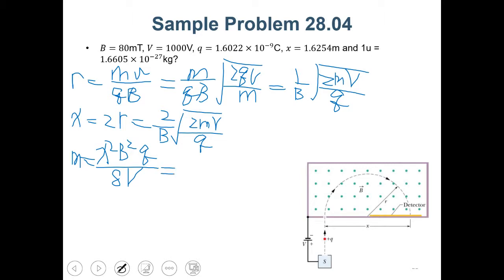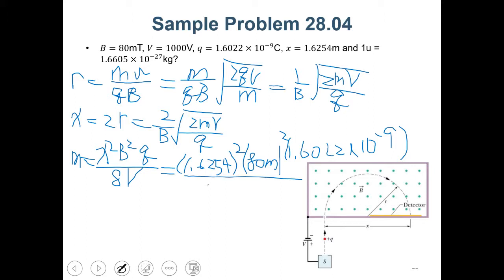And we plug in all the values. x is 1.6254, squared, times B, which is 80 milli, times q, which is 1.6022 times 10 to the minus 9, over 8 times 1000.